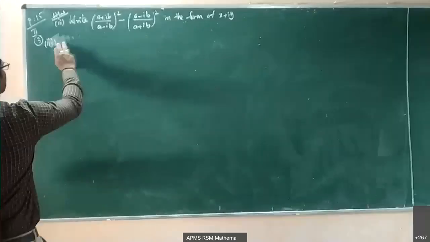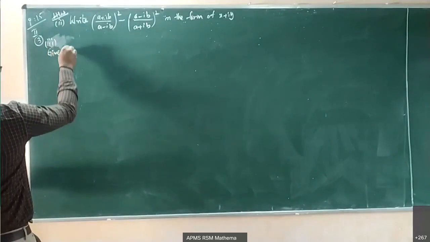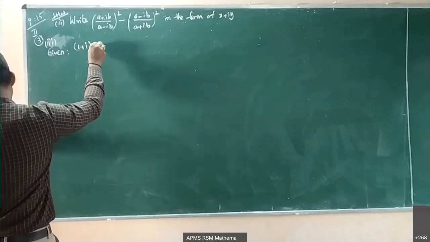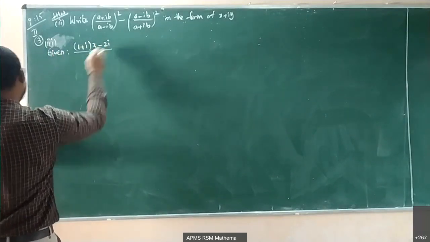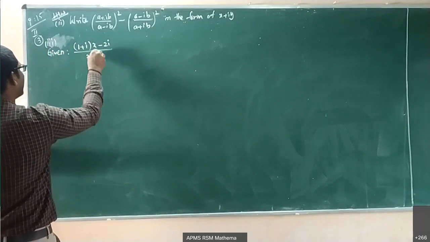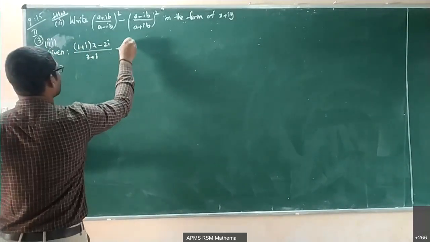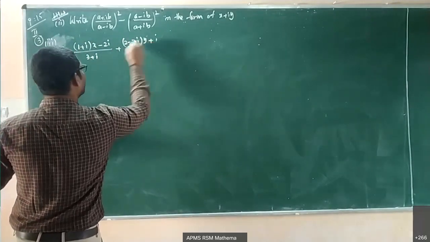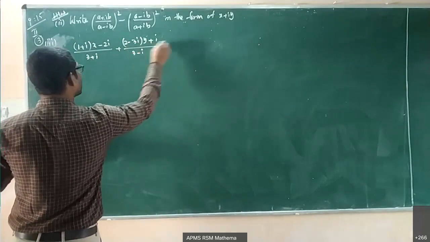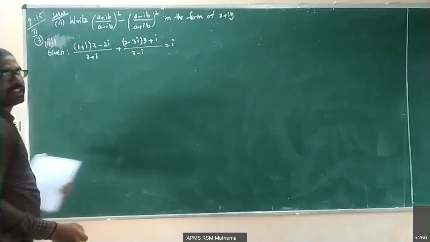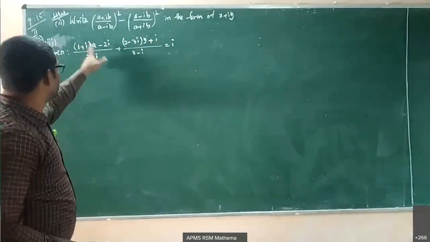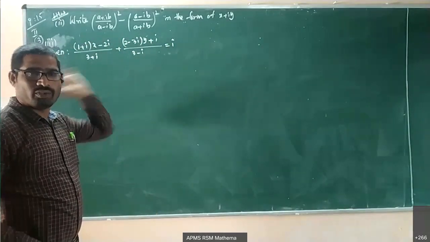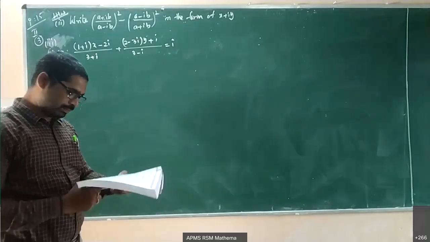So the condition is given that 1 plus i into x minus 2i divided by 3 plus i plus 2 minus 3i into y plus i divided by 3 minus i is equals to i. This is the condition given, and also given that x, y are real numbers. We need to find out the values of x and y.